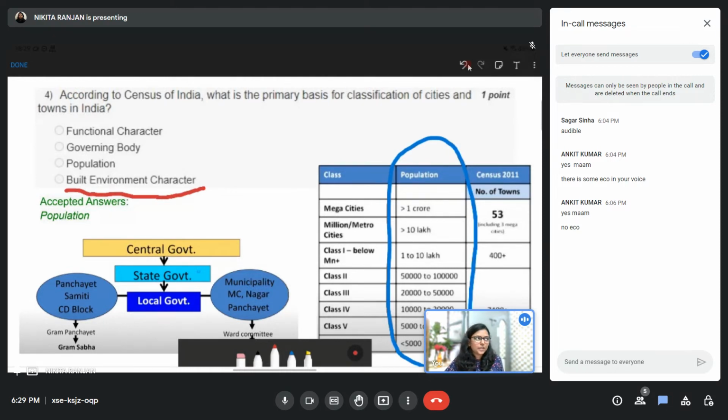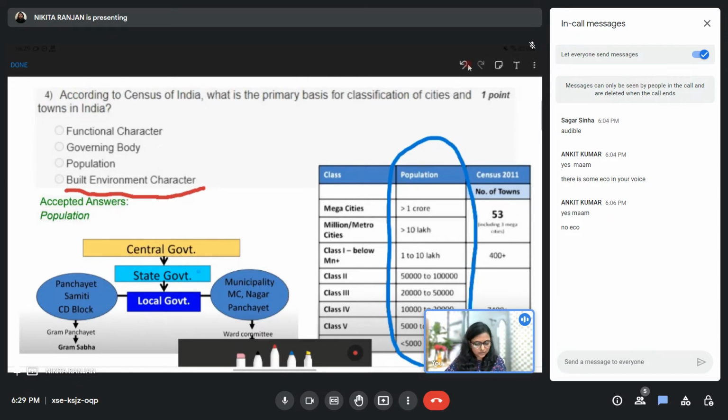If you see from the eyes of a layman, maybe this could be used. Someone could say that if you look at the character of the built environment of a rural area, they have more kacha houses than pakka houses. If you see an urban area, they have more pakka houses.